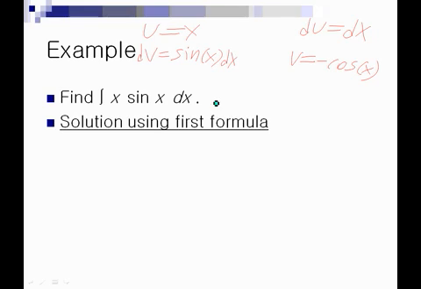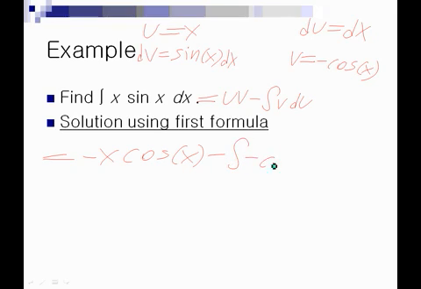So this must be uv minus the integral of v du. We end up getting negative x cosine of x minus the integral of negative cosine of x dx.